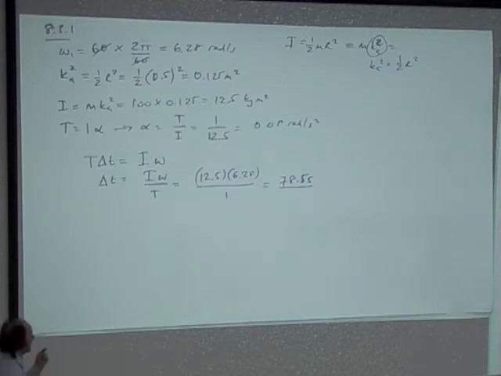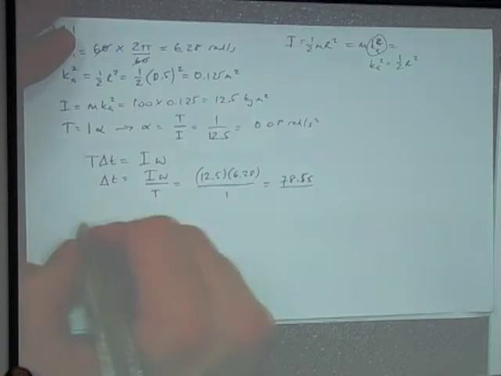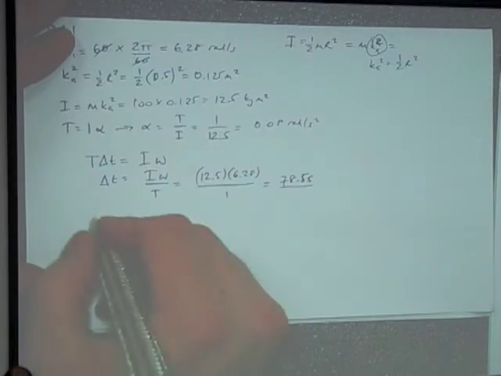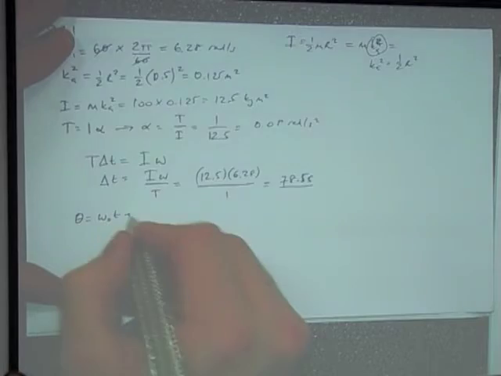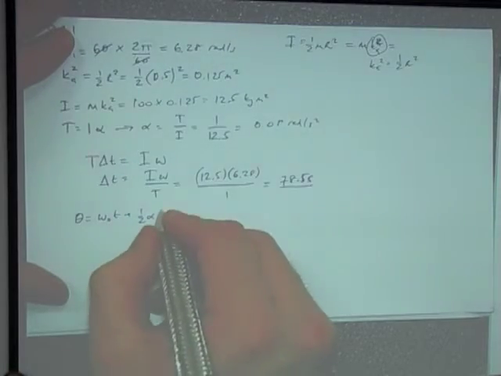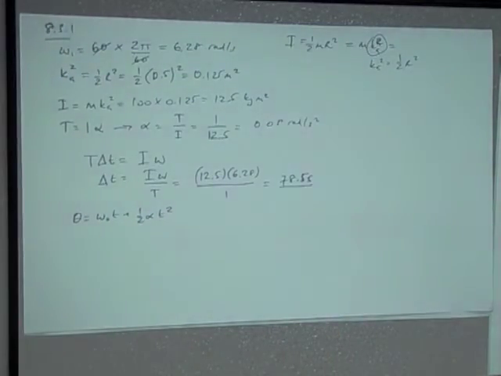And now we know we're applying a constant torque, and so we can assume that the acceleration is constant because the relationship is I alpha. And so we can use the SUVAT equations, but in angular form. Theta equals omega naught t plus 1/2 alpha t squared. That's the same as x equals ut plus 1/2 at squared, but in angular form.